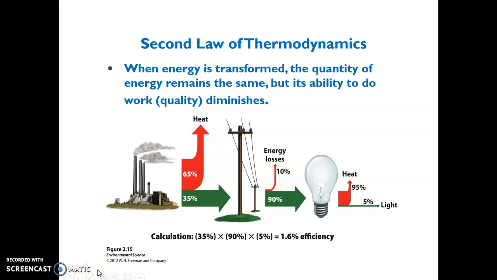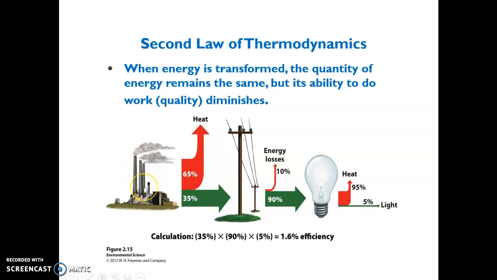Okay, so this becomes important in environmental science, particularly when we consider our energy resources, such as coal, natural gas, and so forth. So we're going to look here at loss of quality. Again, not loss of quantity. Starting here is a coal burning plant.